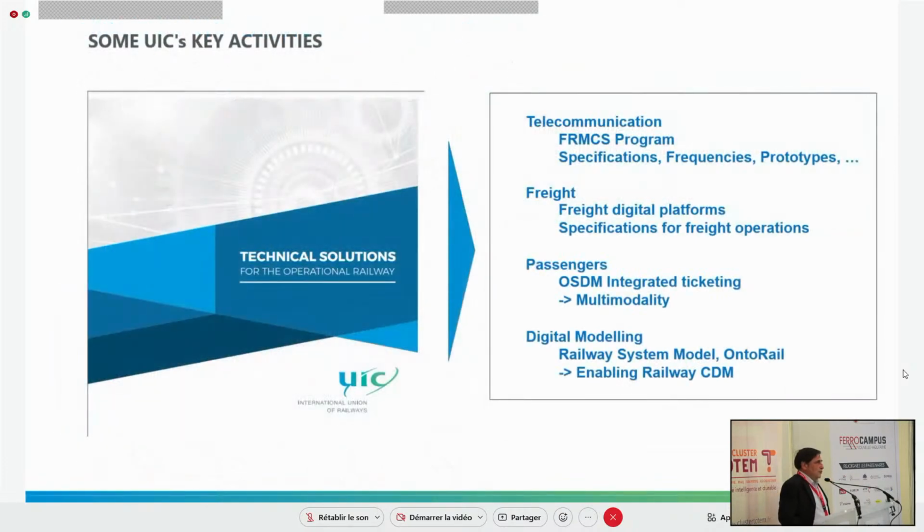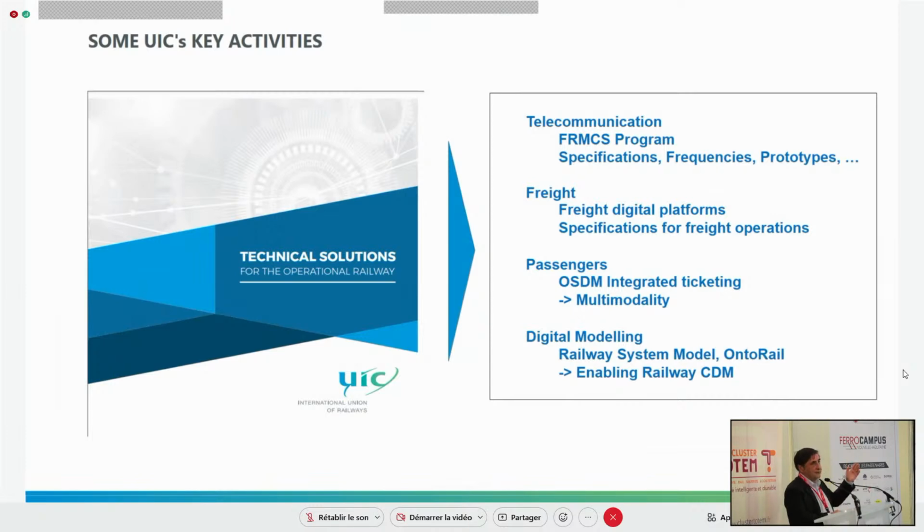What I wanted to tell you is that we are not only speaking, but we are doing, as you see, some of the stuff. I wanted to take 4 examples here of things we are trying to do for the common interest of railways.